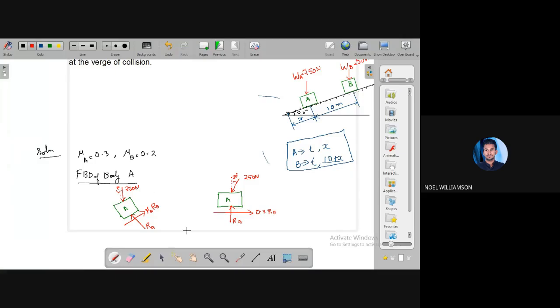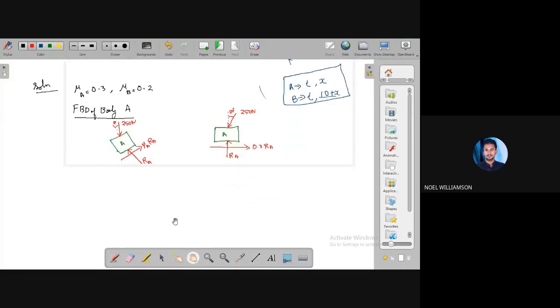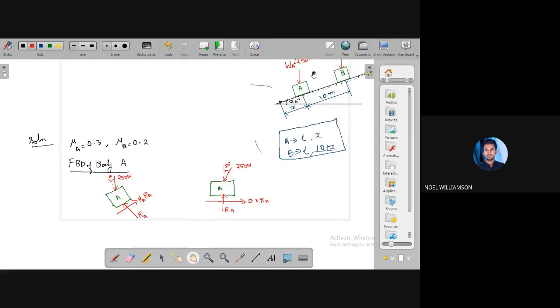Now we will analyze the two relations. First of all, we know there is no motion in the y direction, so in that direction the force will be 0.